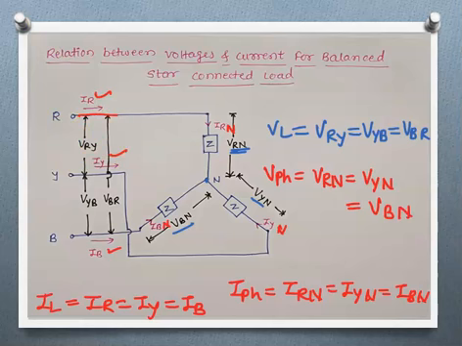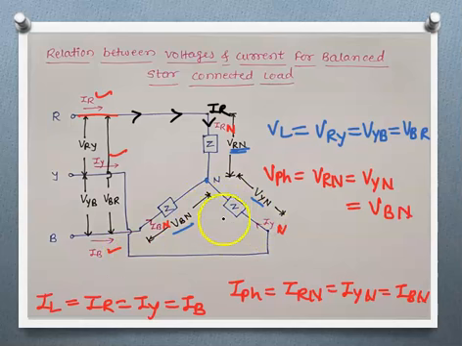Okay, now see here, from this circuit, observe this IR is the line current flowing through the supply lines. Here also IR is there, here also IR is there. That means this line current is same as this phase current because there is no second path available for this current. So this IR is flowing through this winding, this IB is flowing through the same winding and IY is flowing from this terminal to this terminal.